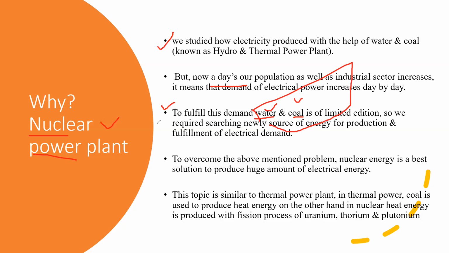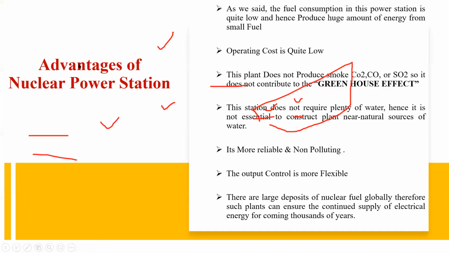We can indirectly save water and coal by using nuclear energy. To overcome all these problems, nuclear energy gives the best solution, and it produces a high amount of energy compared to the thermal and hydropower plants. So these are some useful points with respect to the nuclear power plant.